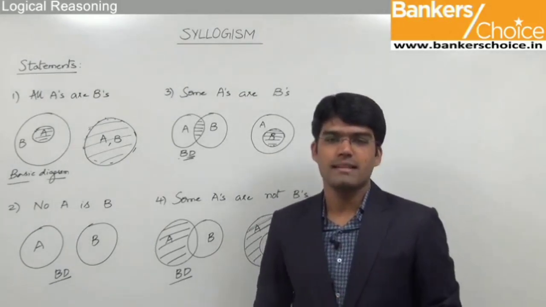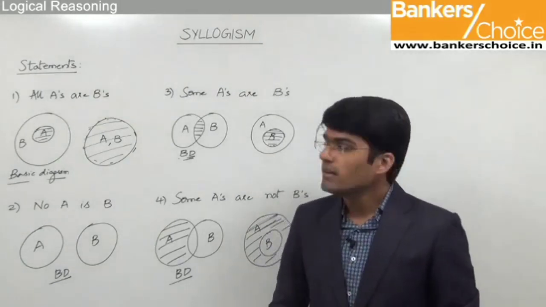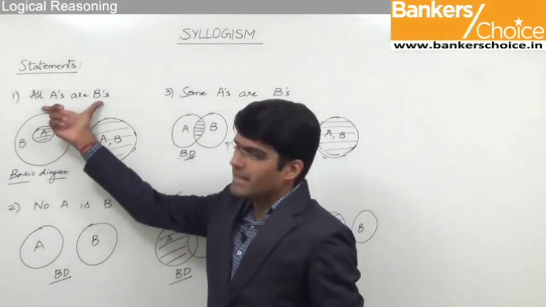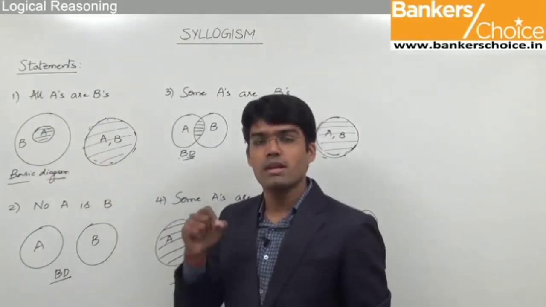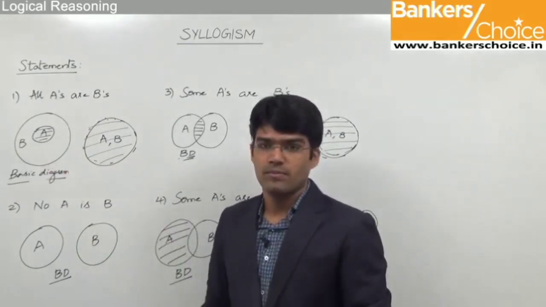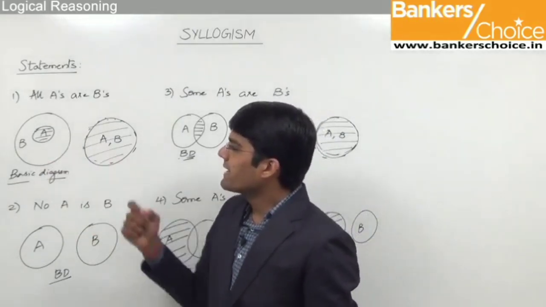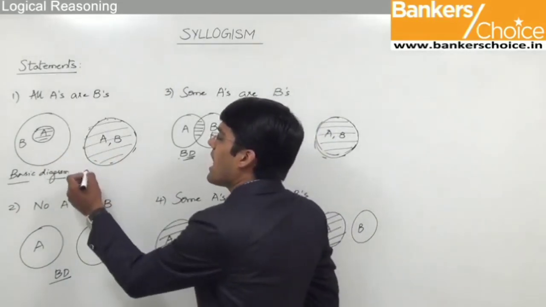Friends, understand that conclusion is the one which is true in all the possible cases. Now, if you look at statement 1, that is all A's are B's, we have got two possible diagrams. So, our conclusion should be the one which satisfies both the diagrams here. Now, if you look at both the diagrams, the conclusion which we can make here is some B's are A's.